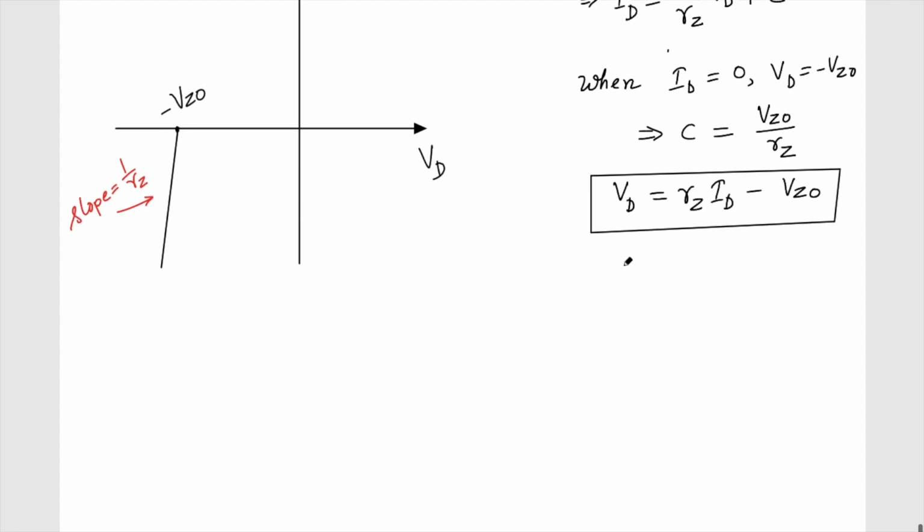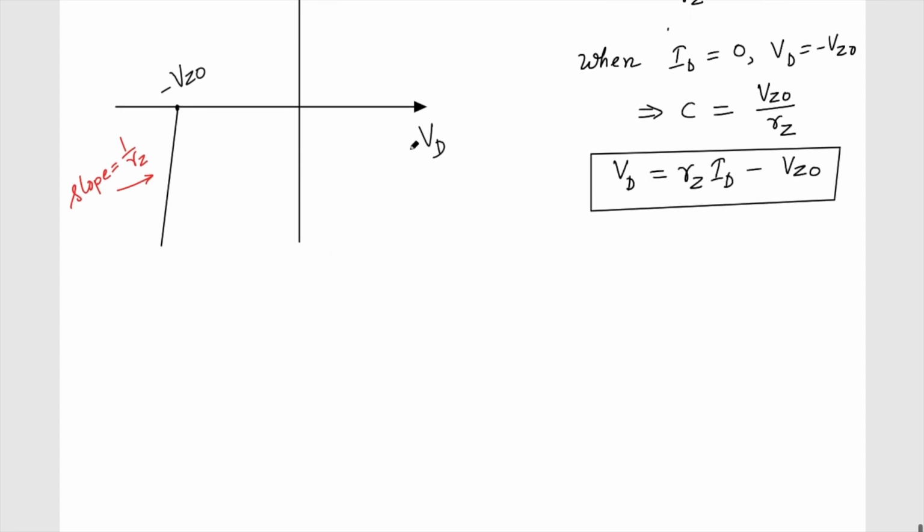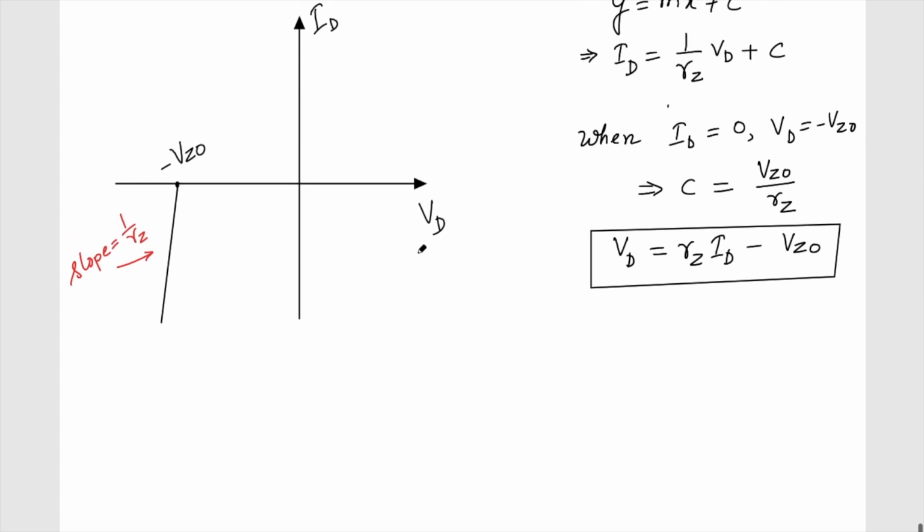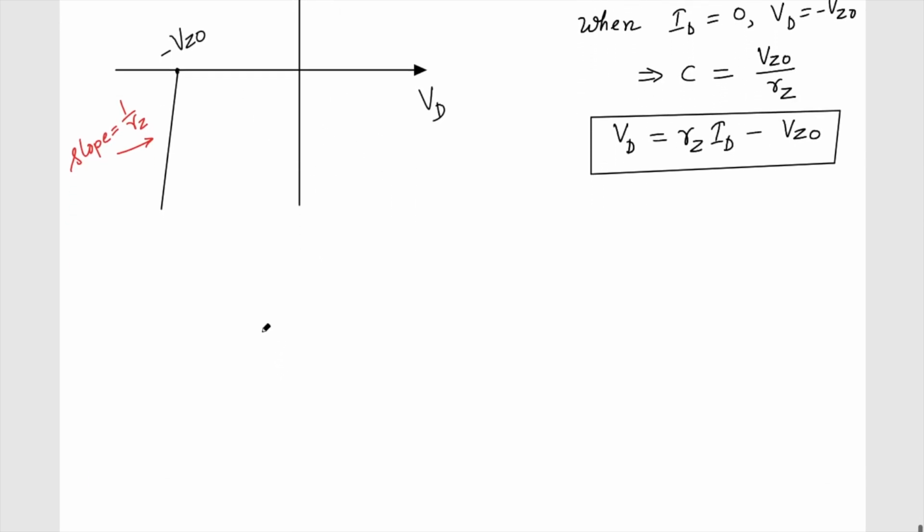Now this was the equation when we considered this as a diode, where the ID is in this direction and my VD is positive, negative.